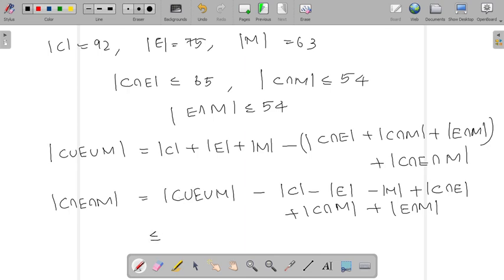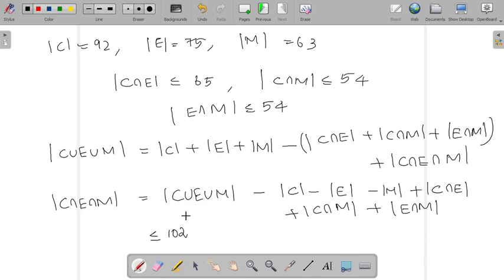Now the cardinality of C union E union M will be less than or equal to 102, because the total number of students who took the examination is 102. So the number of students who passed, the largest number can be 102.